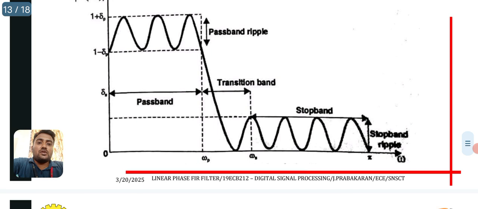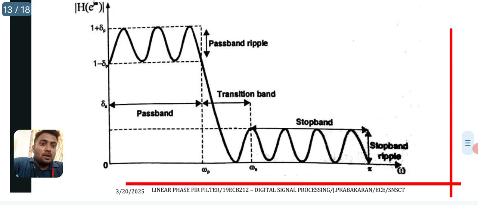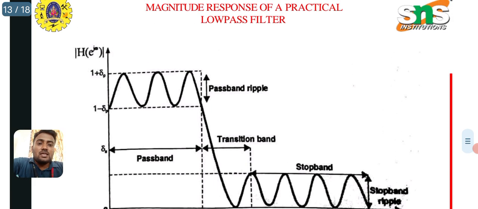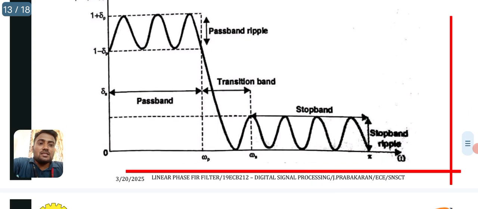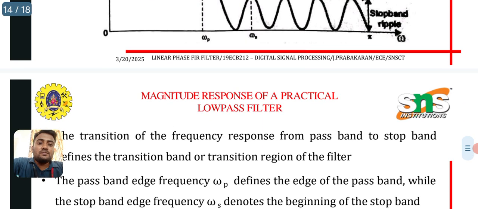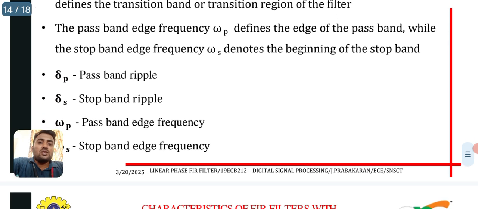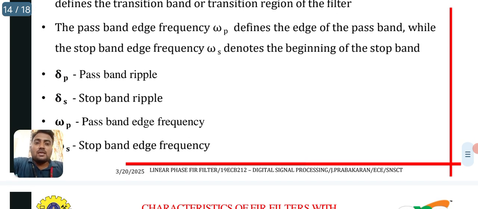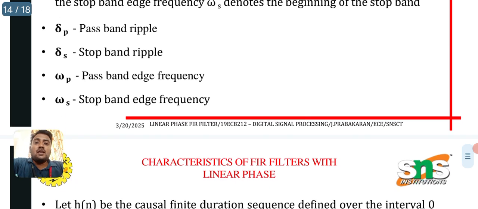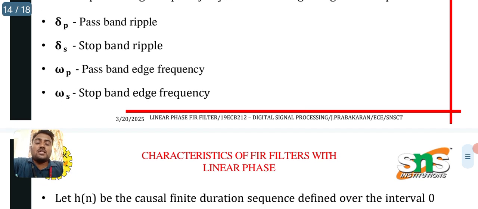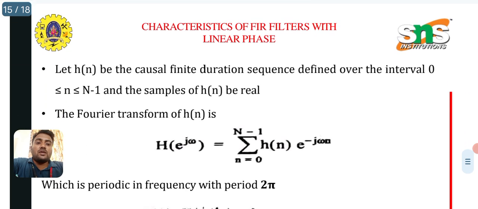This is the magnitude response. You can see the pass band ripples and this is the stop band ripple. Delta p is the pass band ripple, delta s is the stop band ripple, omega p is the pass band frequency, and omega s is the stop band frequency.